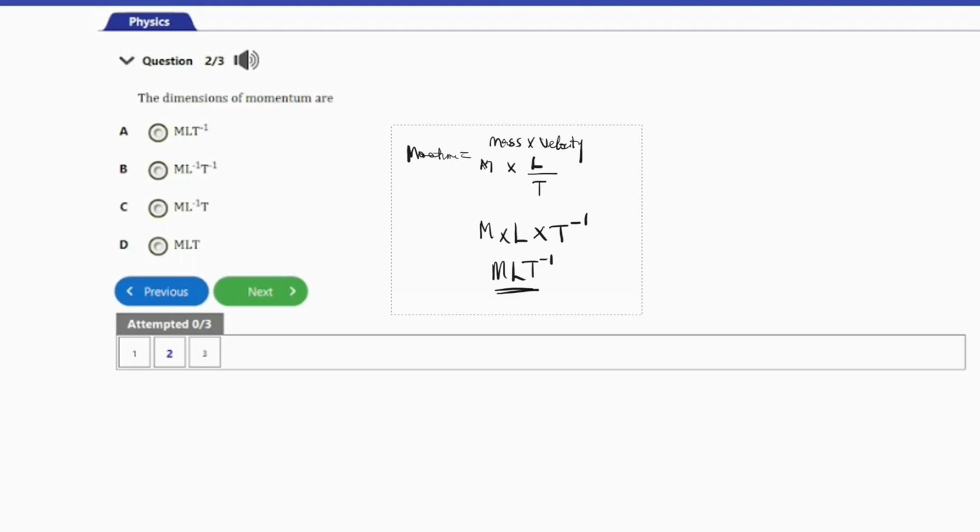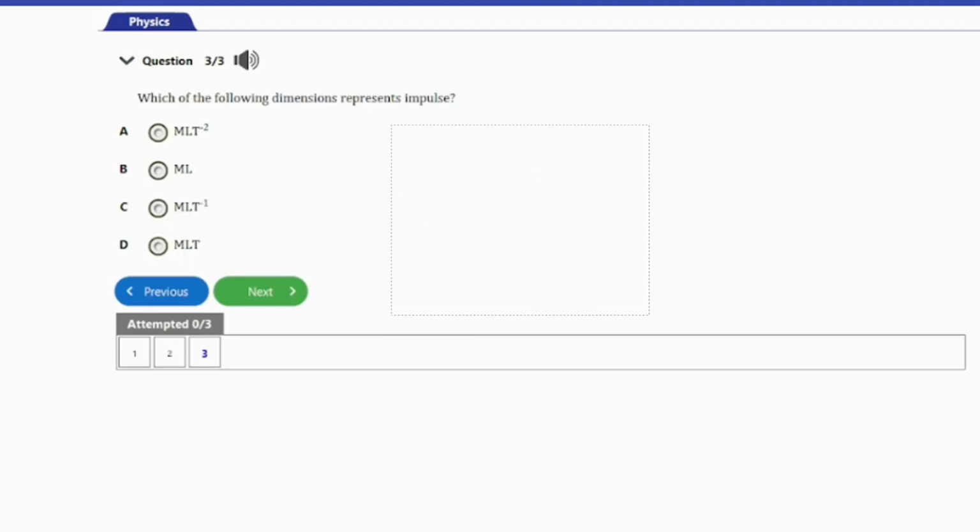Let's go ahead and consider the next question, guys. That's question number 3 here. It says, which of the following dimensions represents impulse? We have A, mlt to the power of -2, B, ml, C, mlt to the power of -1, D, mlt. So guys, for this, we also have to consider the fact that impulse is force times time.